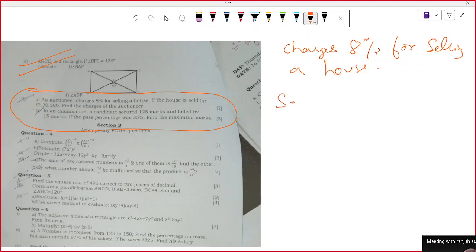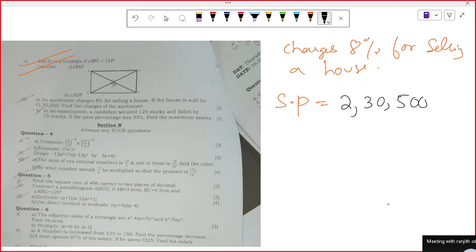Remember this question? If the house is sold for 2,30,500, what is the selling price? So what are we supposed to find here?